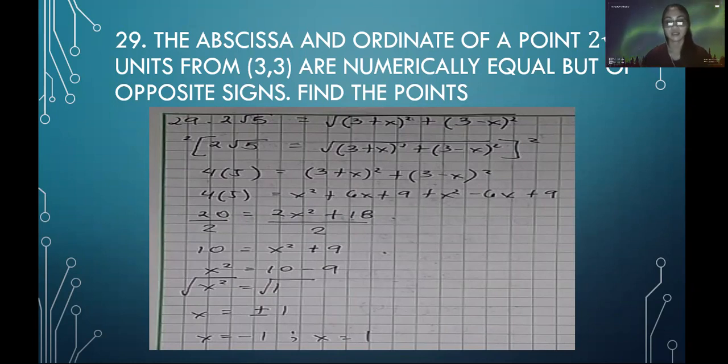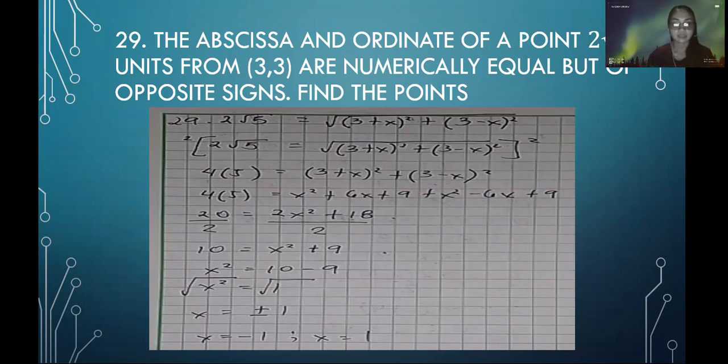So that's why the radical sign cancels out. So 4 times 5 is equals to 3 plus x squared plus 3 minus x squared. So 4 times 5 is equals to x squared plus 6x plus 9 plus x squared minus 6x plus 9. So 4 times 5 is 20 equals to 2x squared. Combine the like terms, equals to 2x squared plus 18.